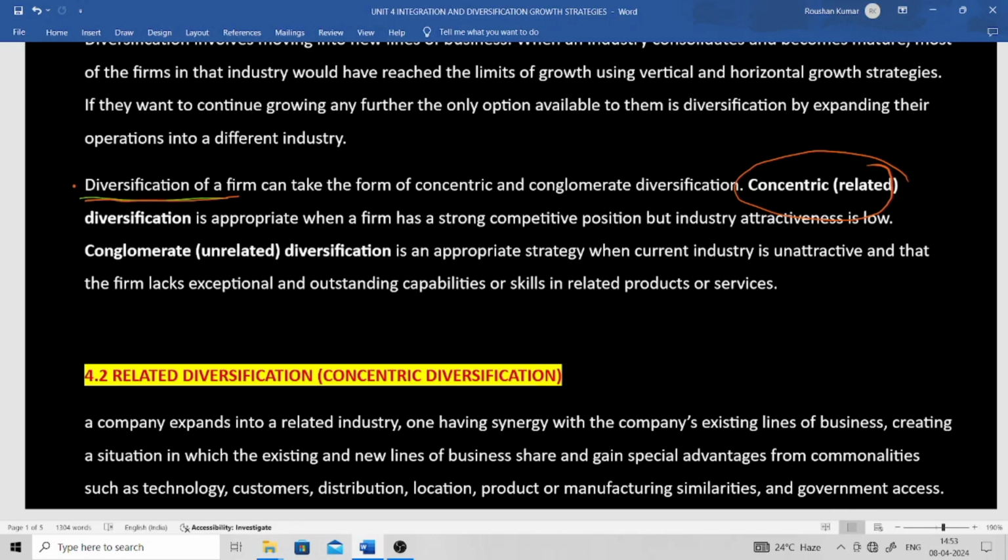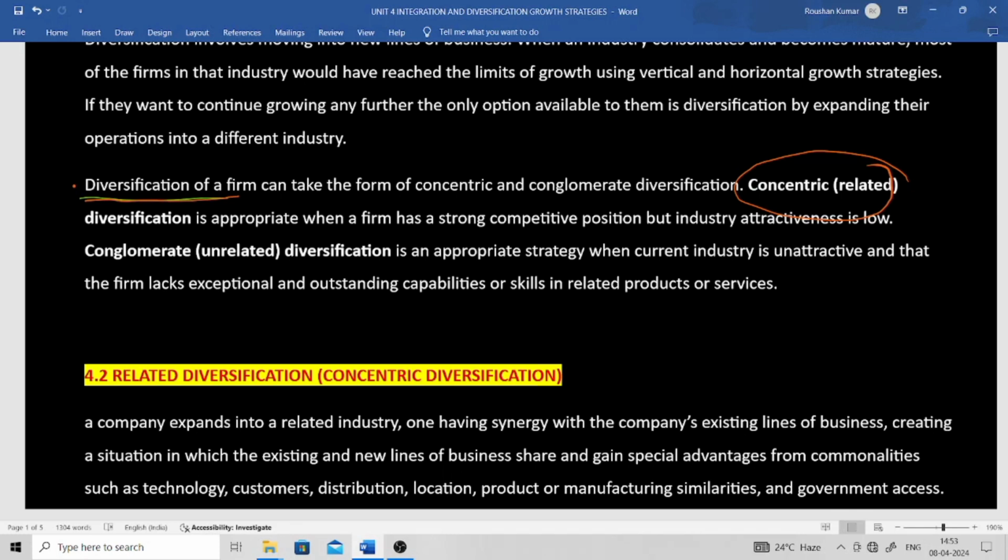And in the second case, conglomerate or unrelated diversification is an appropriate strategy when the current industry is unattractive and the firm lacks exceptional and outstanding capabilities or skills in related products or services.